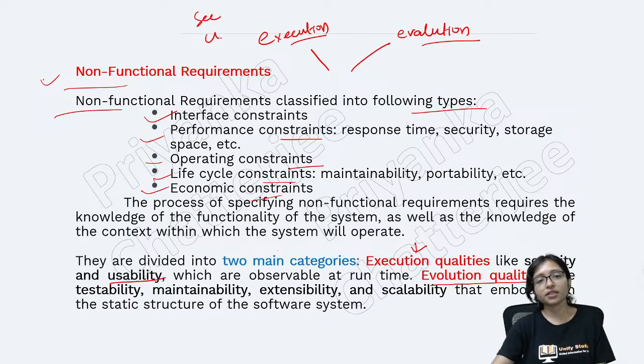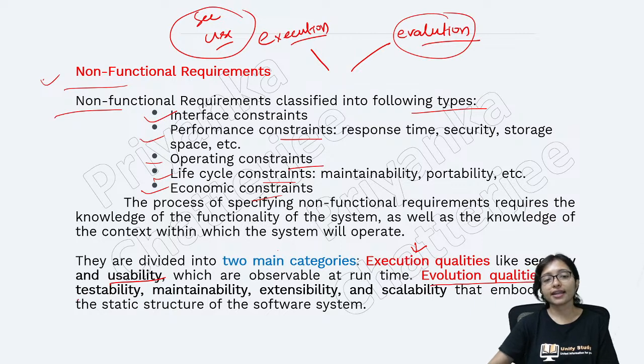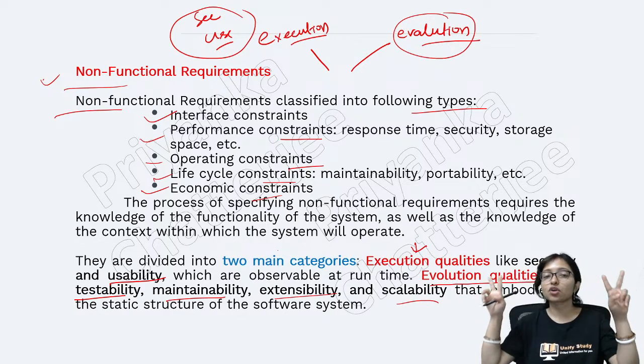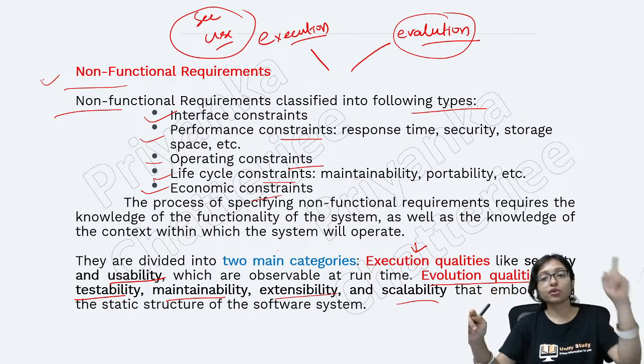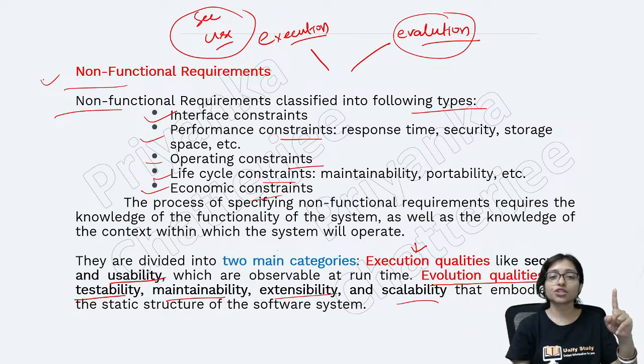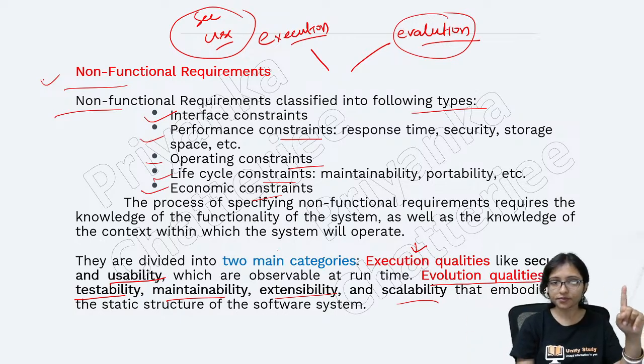Security, usability, these are the execution qualities. And evaluation qualities are testability, maintainability, extensibility, scalability. These are evaluation qualities. Also remember the two main categories of non-functional requirements: execution quality and evaluation quality. Okay, clear?